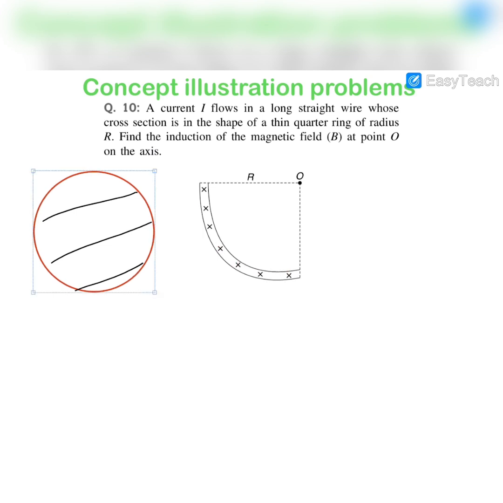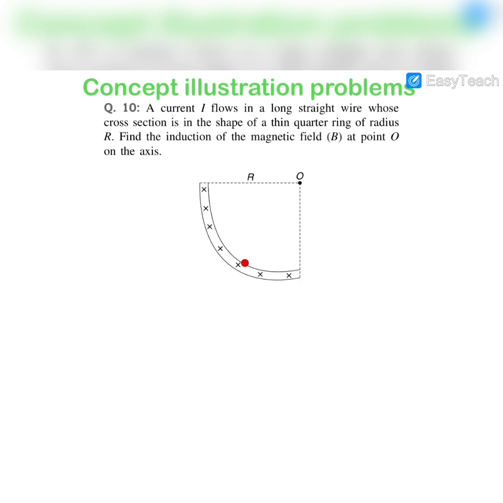So we have to find out the magnetic field due to this wire at point O. Now we know that the total current flowing through this cross section is I inside the plane. Let us suppose that this angle is theta and this small angle is d theta, so this length is dl.